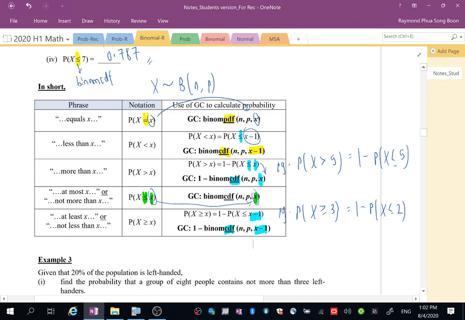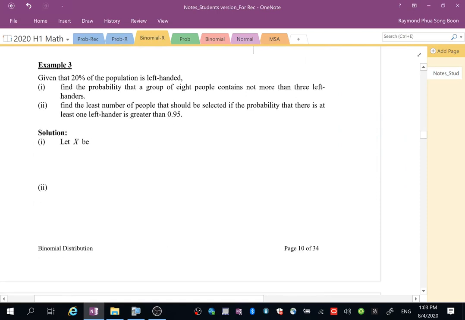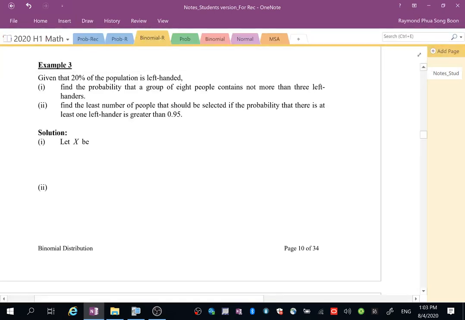Now that you have learned all this, let's look at example 2, to apply it to a question with context. If this question can be modeled by binomial distribution, we are concerned with the number of people who are left-handed.